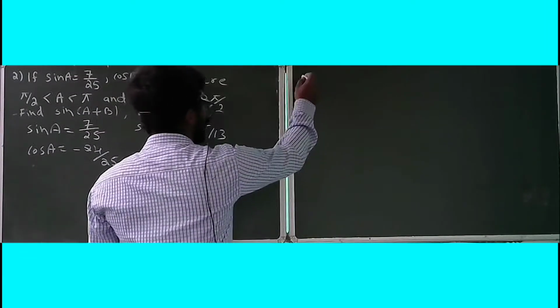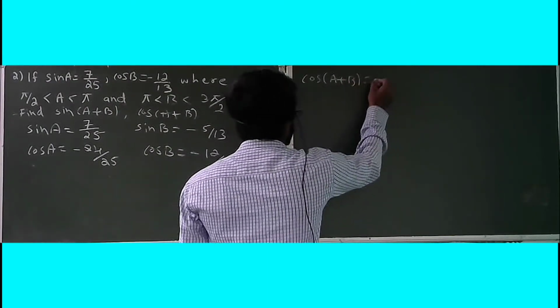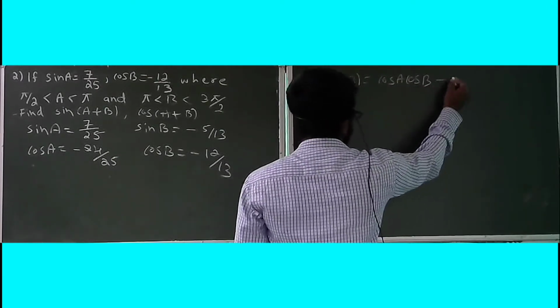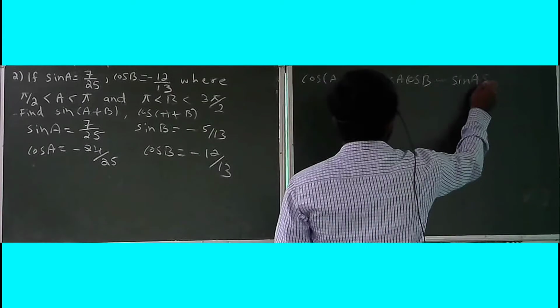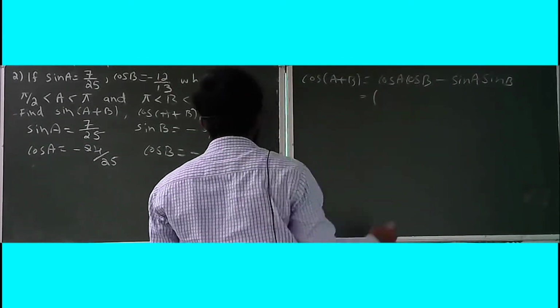And the second question is cos of A plus B. Write the formula. Cos of A plus B is equal to cos A cos B minus sin A sin B. It's equal to cos A value.